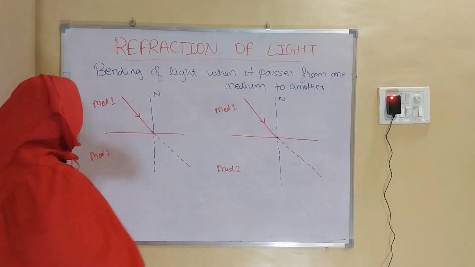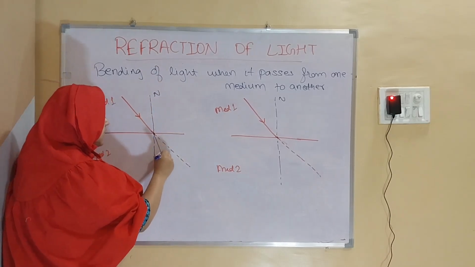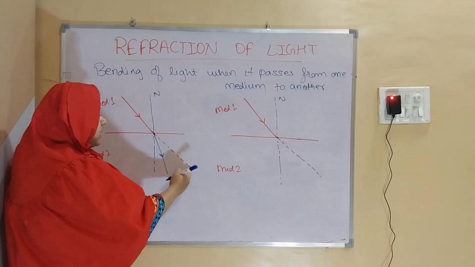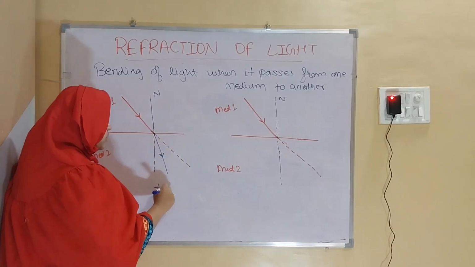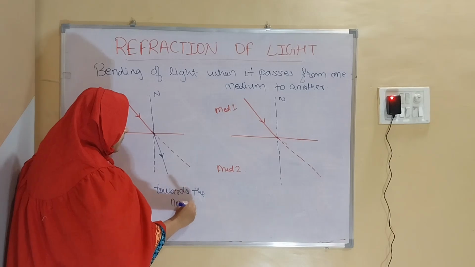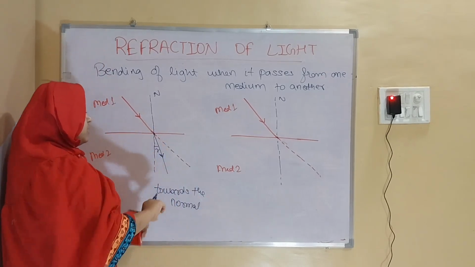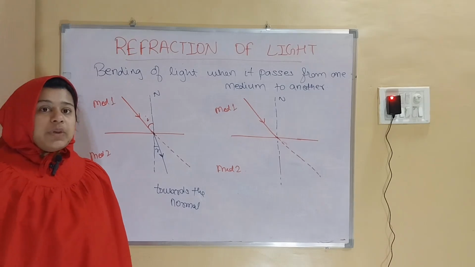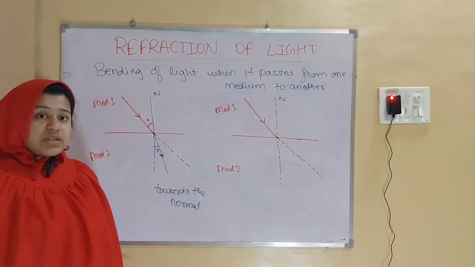Now if the light ray bends in this manner, that is, this is our original path, and the ray goes inside the original path, so this is known as bending towards the normal. This is the angle of refraction, this is the angle of incidence, and this is the refracted ray. So this type of bending is known as bending towards the normal.